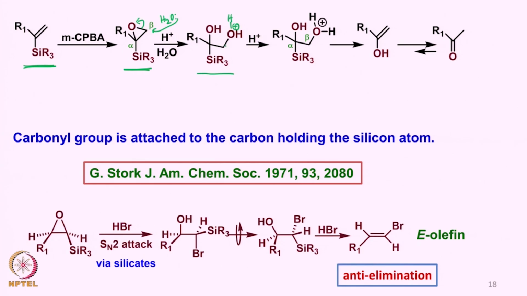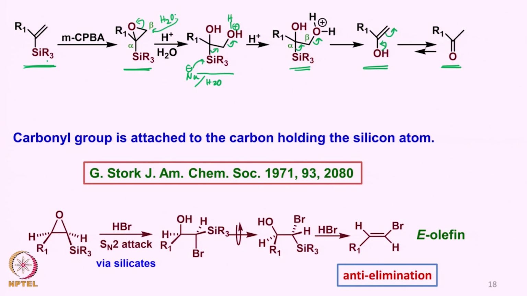This then loses the carbon silicon bond with a nucleophile like water or methanol, whatever is present in the reaction medium, attacking onto this, leading eventually to the formation of this enol, and this enol can ketonize and form the corresponding ketone. So that is how the ketone comes onto the same carbon where the silicon was.